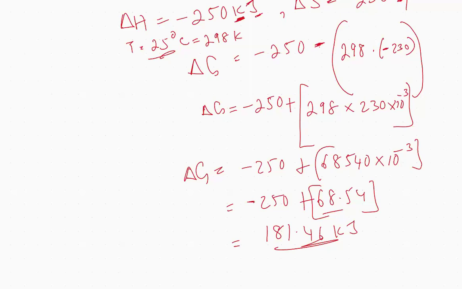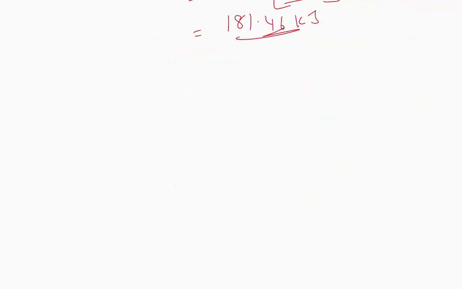Now I need to tell you, when it comes to entropy also, you will have standard conditions. Standard entropy would be at 298 Kelvin and 1 atm. Now, this entropy value becomes 0 when it is a pure crystalline solid.